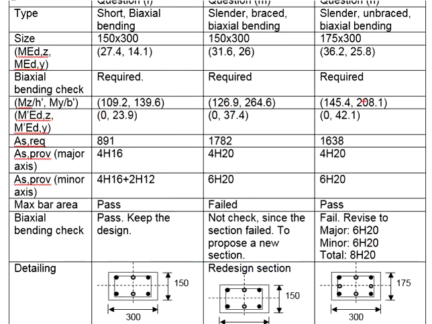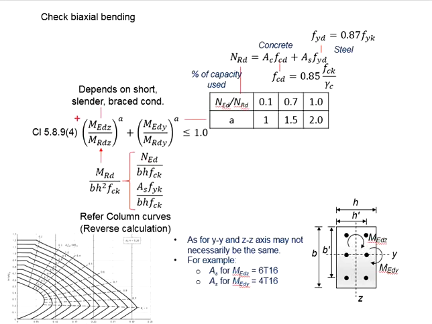In this case, you know that the minor axis will be more critical. That means the calculated MED for the minor axis shall remain the same. However, you will need to remove the moment due to the imperfections from the major axis and then substitute into the equation.